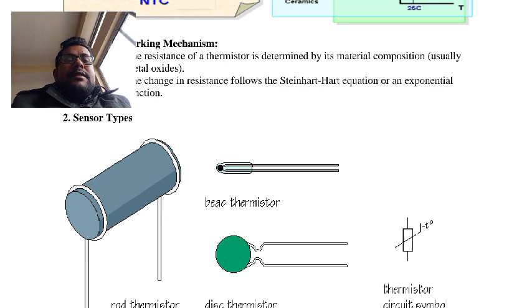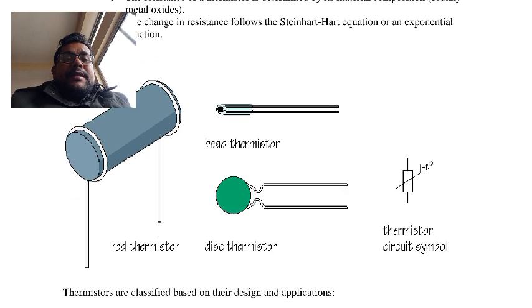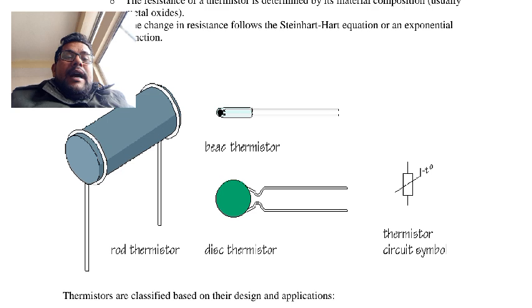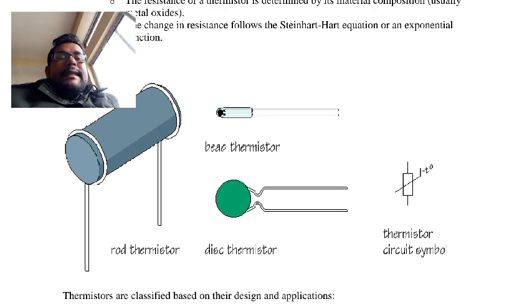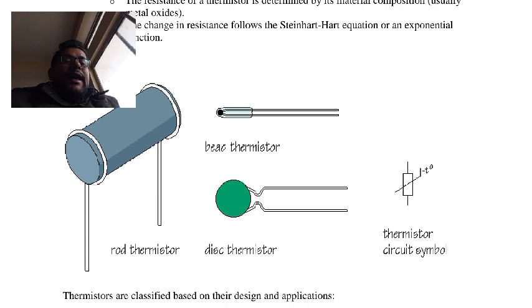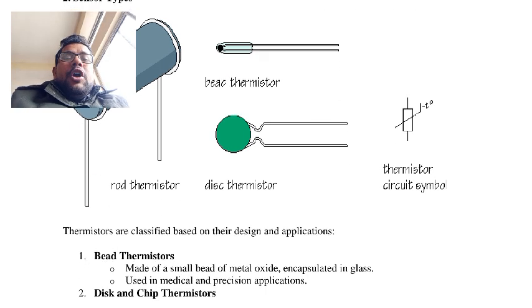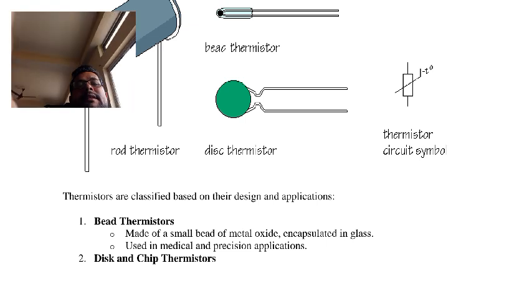Suppose the thermistor sensors: first is a rod sensor, second is a bead thermistor, and another design is a disc thermistor, and one is the thermistor circuit symbol. So we will see the classification of thermistors.